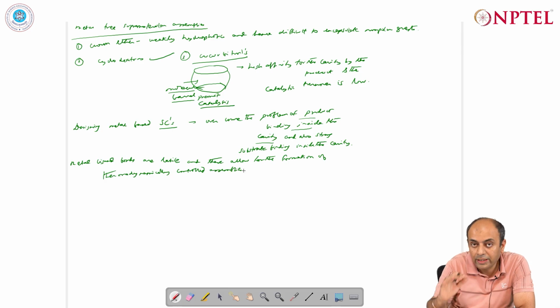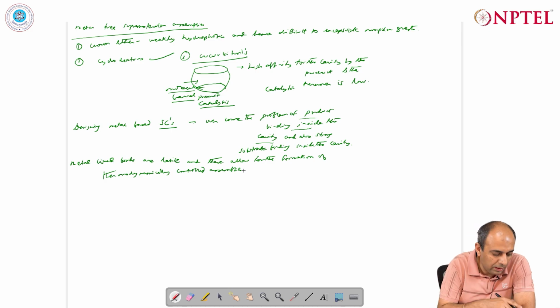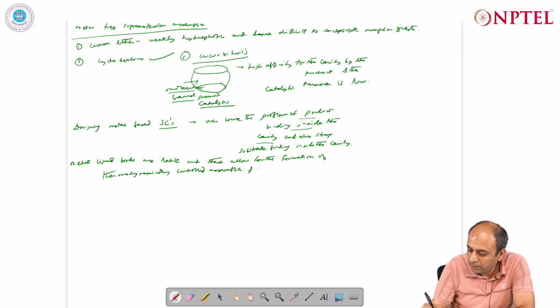So these cages result in large self-assembled structures, and these are thermodynamically controlled assemblies, and their formation is rapid and specific.